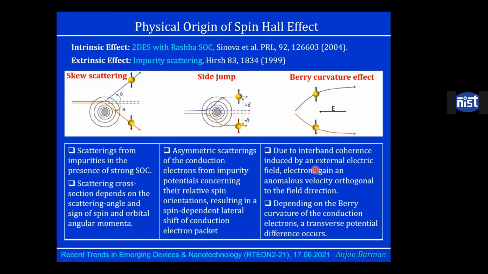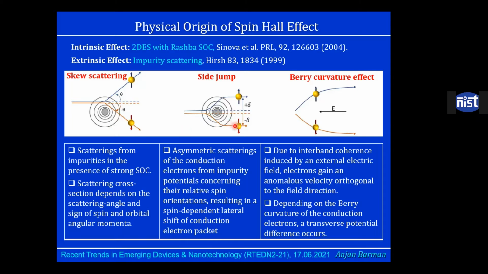This is quite prominent in certain materials, whereas in materials with higher impurity, the impurity scattering will be more important, and it is of two different types: one is skew scattering, another is side jump. You can easily see the difference between them. Skew scattering occurs from the impurity in the presence of strong spin-orbit coupling, and the scattering cross-section depends on the scattering angle and the sign of the spin and orbital angular momentum.